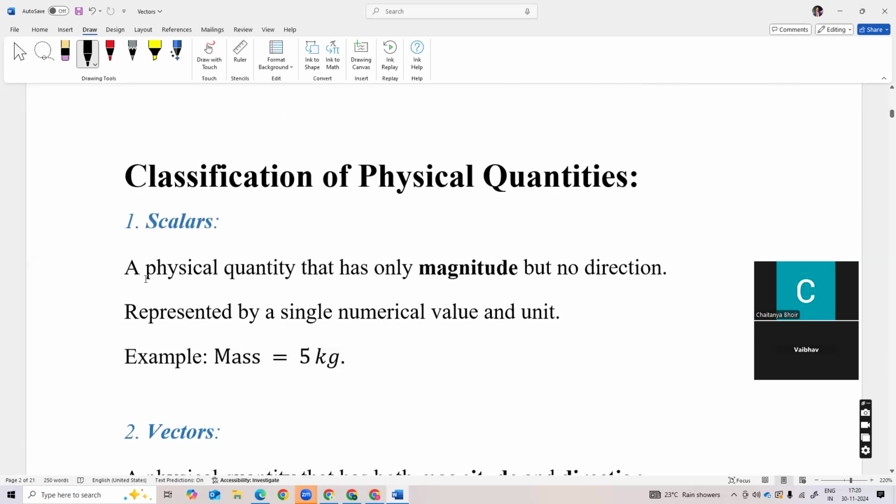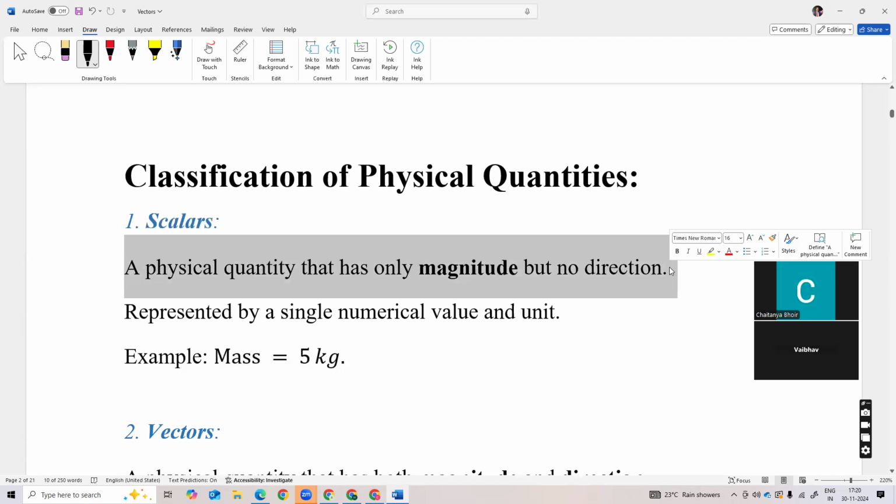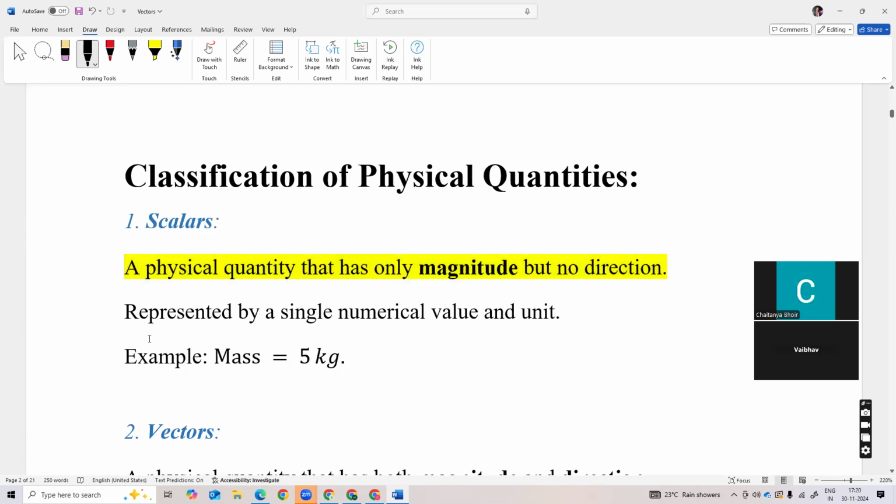Scalars are physical quantities that have only magnitude and do not have direction. A physical quantity that has only magnitude but no direction is known as a scalar. Scalar quantities are represented by a single numerical value and a unit.